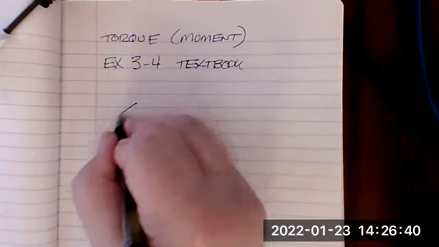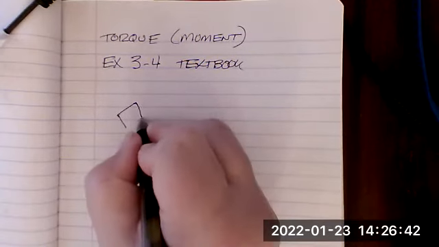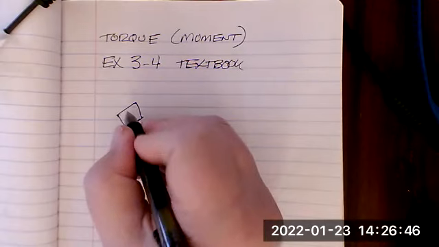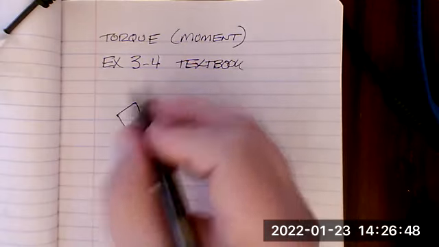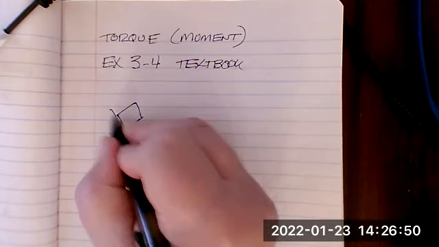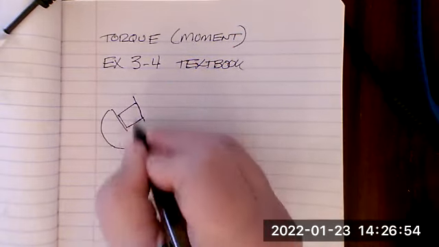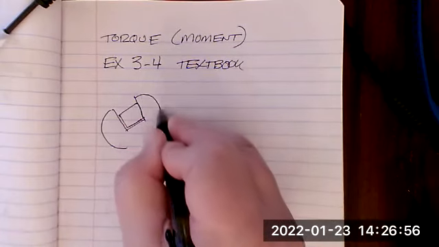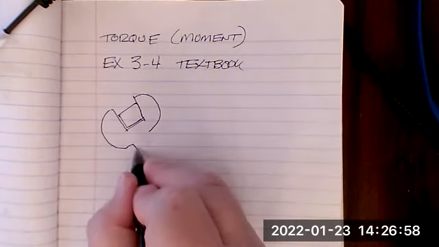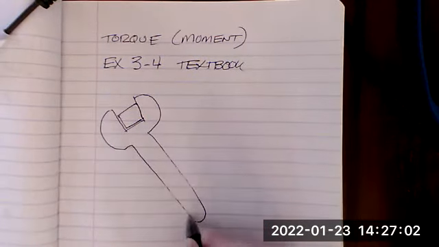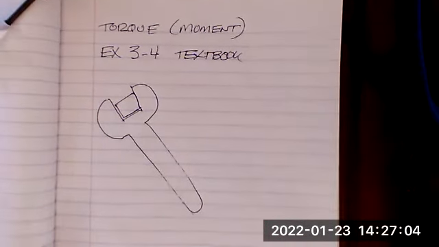Okay, and it looks something like this. You have a square-headed bolt, and then you have a wrench, an open-end wrench, like this. All right.